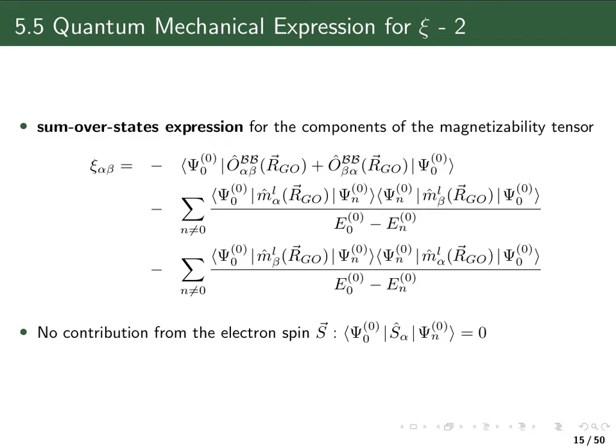Now you might ask yourself why there are no terms with the spin operators in the sum over states part. The reason is that it would lead to a transition moment with a component of the total electron spin operator and these two wave functions. But the spin operator might or will change the spin part of this excited state wave function.